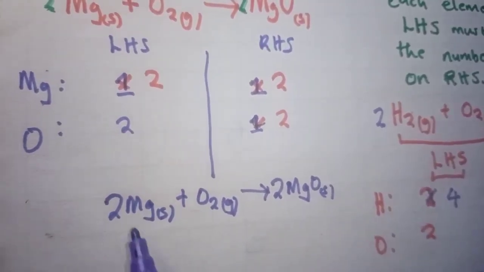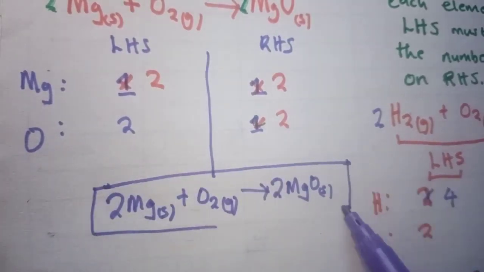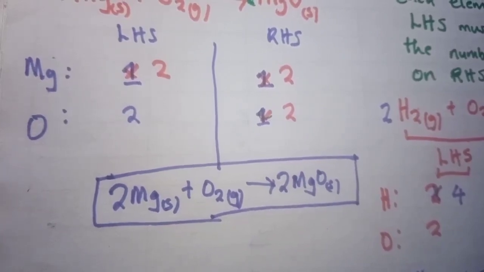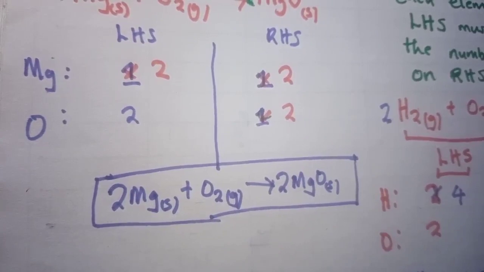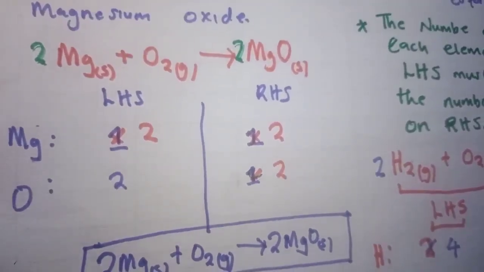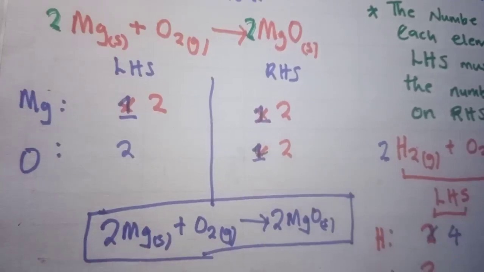So this equation is balanced. Balancing the chemical equation is not that difficult. All you need to do is just test and see if the equation balances. Do your best judgment, test and see if the equation will balance.